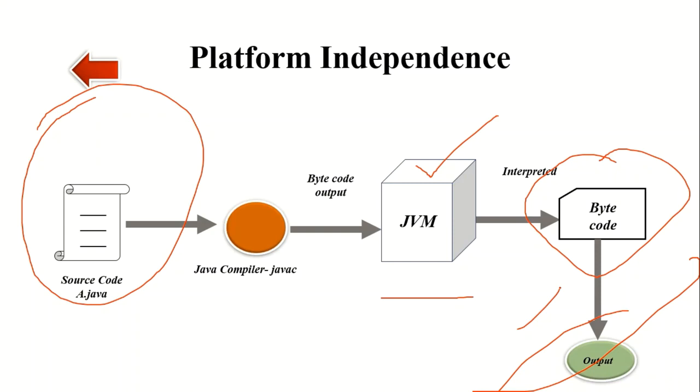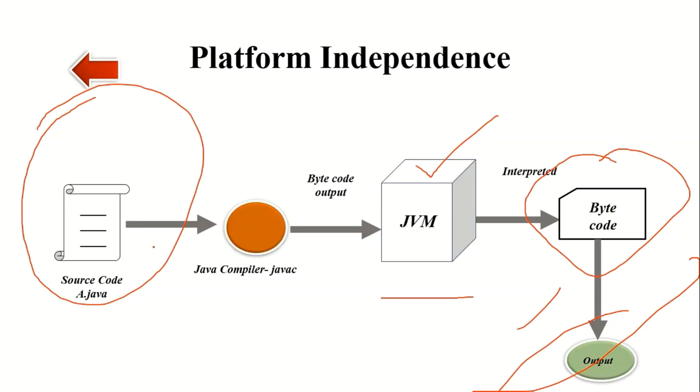So what we understand from here is that the JVM is dependent on the operating system, because for executing a source code in a Windows machine, we need a JVM compatible with Windows OS. That in turn interprets the bytecode to get the output.